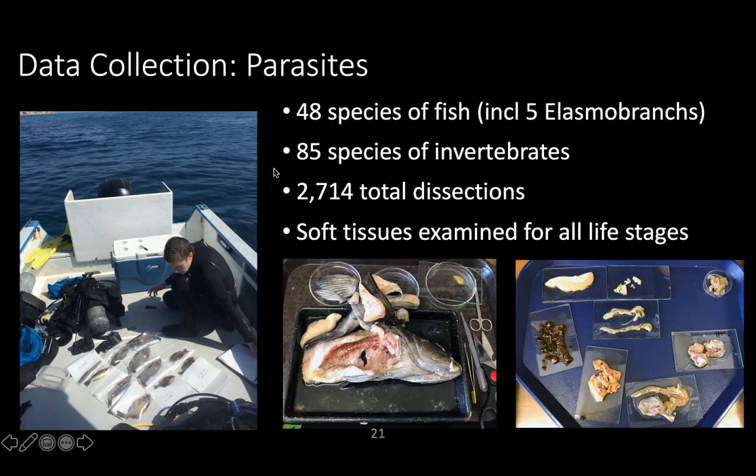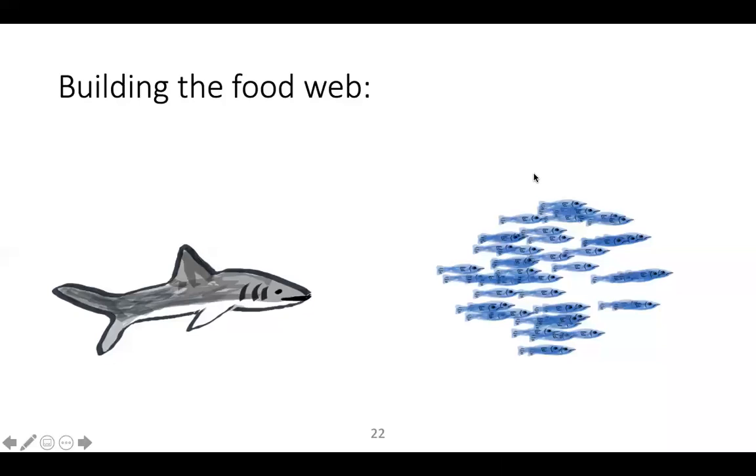And then we collected 85 species of vertebrates, over 2,500 total dissections. We would basically take these animals apart and squash the tissues between glass plates and look for all life stages of parasites. Many published parasite studies focus on adult stages, but we were really interested in those larval stages as well, because they helped us determine those feeding interactions.